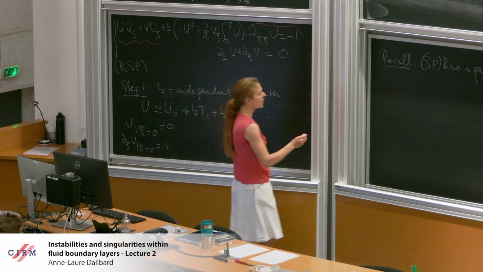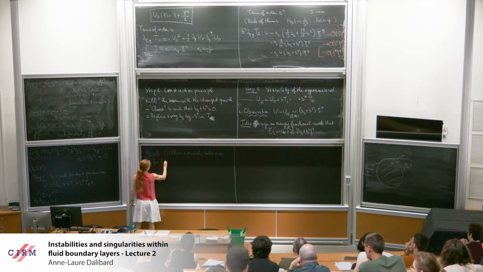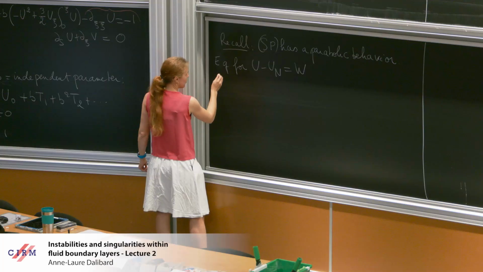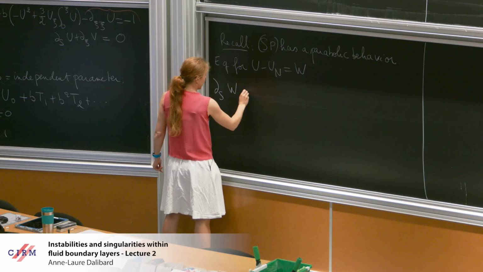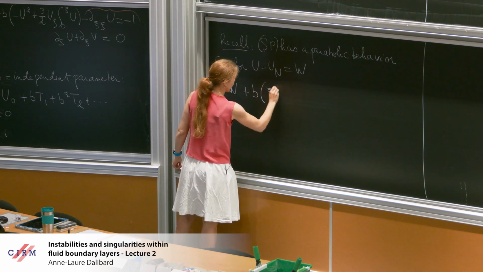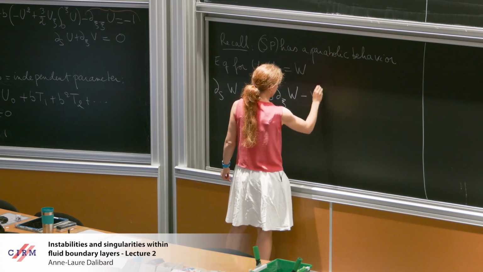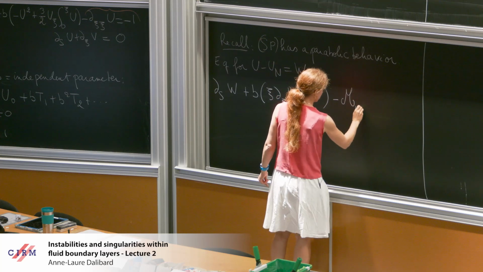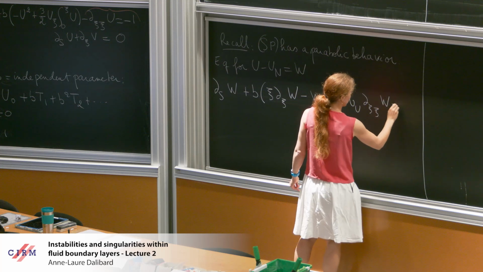is the following. So you write the equation for U minus Un, which I'm going to call W, just as a shorthand. And the equation looks like this. So you have dsW. Then you have a transport term, which is proportional to b. I think it's like, I'll check, b dxi W minus W. And there is a coefficient which I'm not too sure of. And then you have this mu times dxi xi W, and then a remainder.